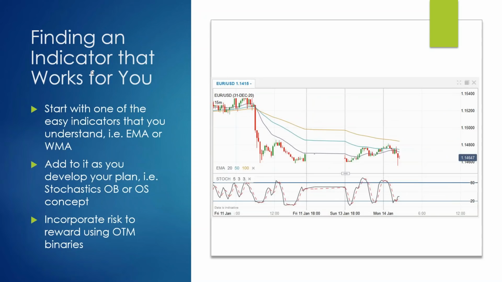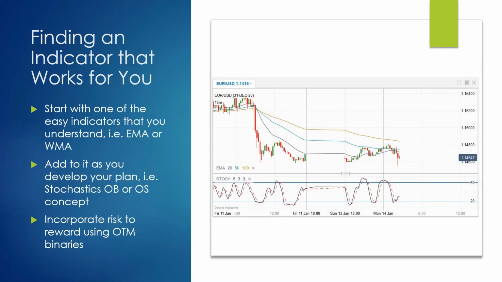Now, again, this is some of the same stuff I've been telling you already, okay? Start with one of the easy indicators, okay? Start with the EMA or just a simple moving average, and then add to it as you begin to see the patterns. Is it overbought? Is it oversold? Do I need to exit?